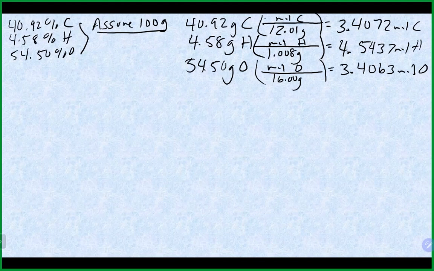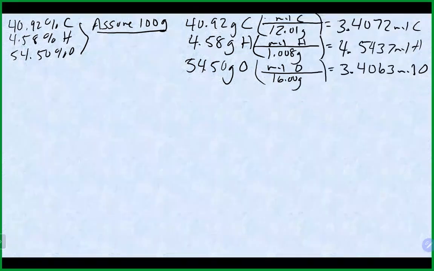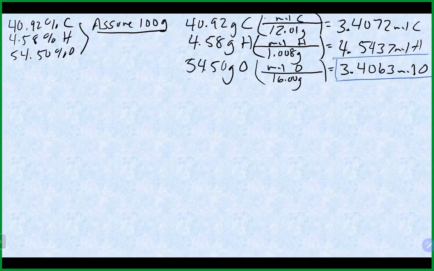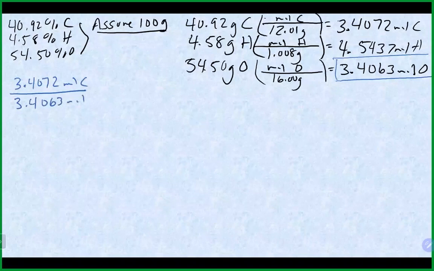We're going to divide everybody by the smallest number of moles, and in this case, it's pretty close, but it looks like oxygen is the smallest number of moles. So we're going to take the 3.4072 moles of carbon and divide it by 3.4063 moles. We take the 4.5437 moles of hydrogen and divide it by the same smallest number of moles.